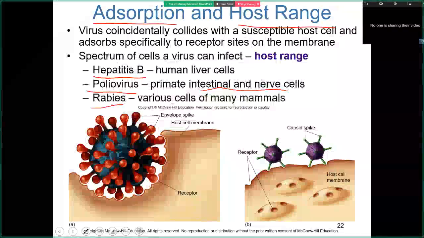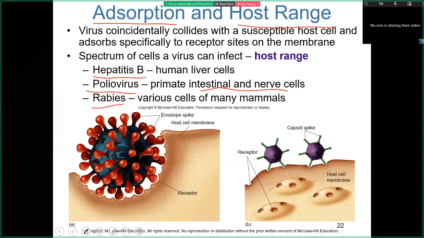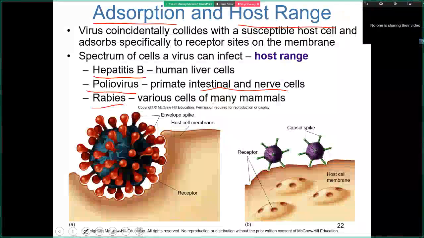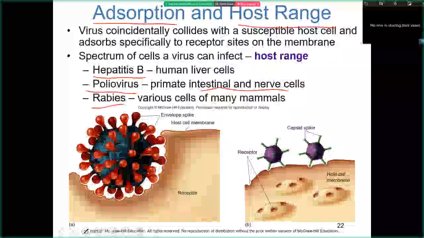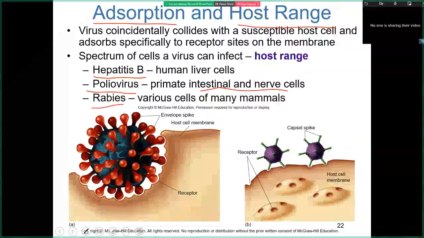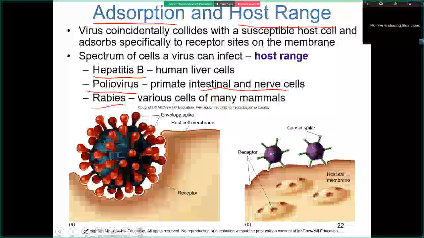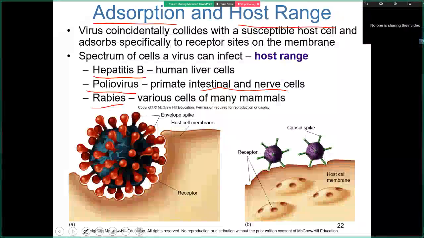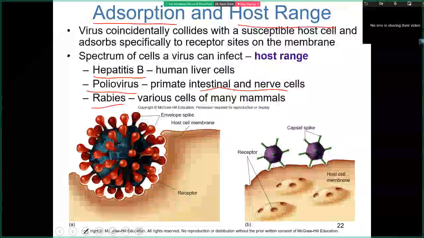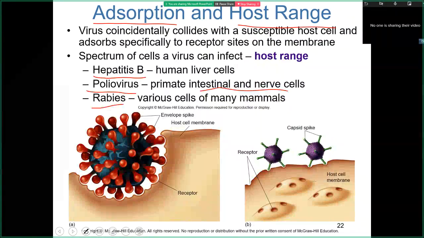And if you're bitten by one of those animals that's infected, a rabbit, a wolverine or coyote or something, you could acquire the rabies virus. And so it's a broader host range, right? So sometimes viruses have a narrow host range, and they're specific for one particular organism, one particular host.